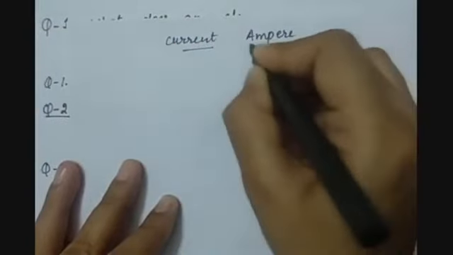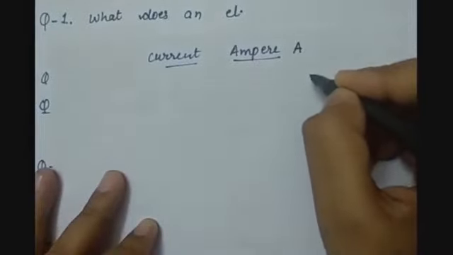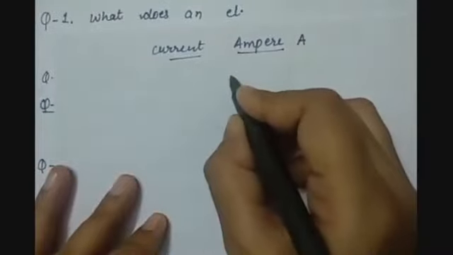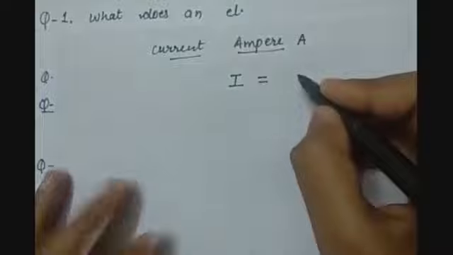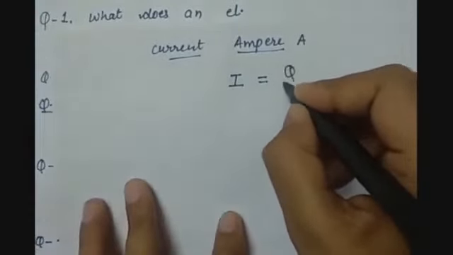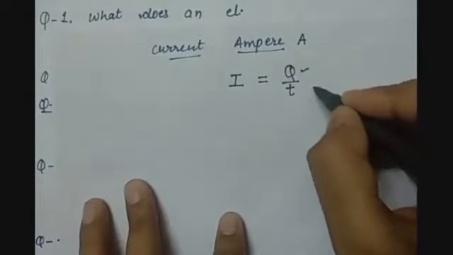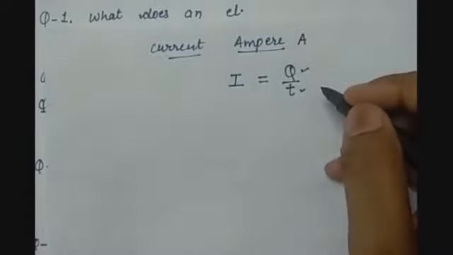So ampere is the unit to measure the current, and it is denoted by the capital letter A. Current, which is represented with the symbol I, is given as Q upon T. Q is the charge and T is the time for which that charge is flowing through the conductor.